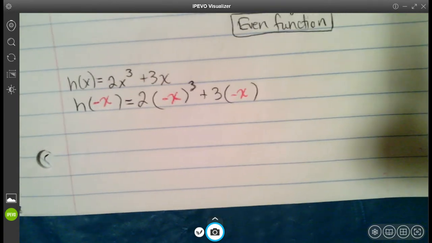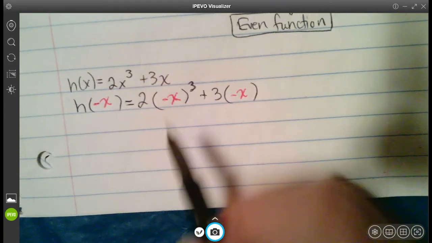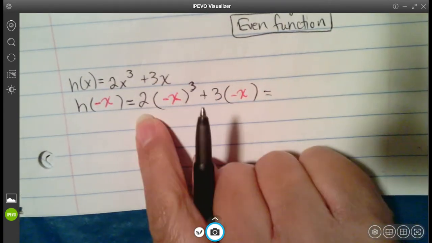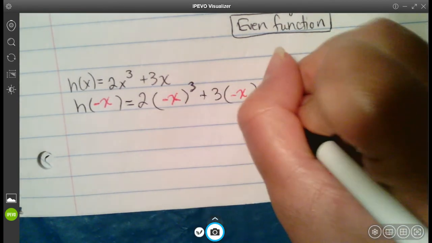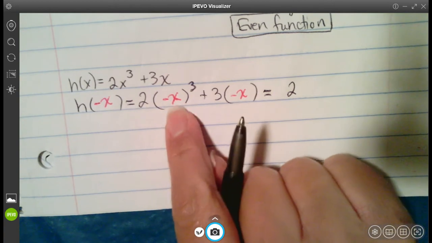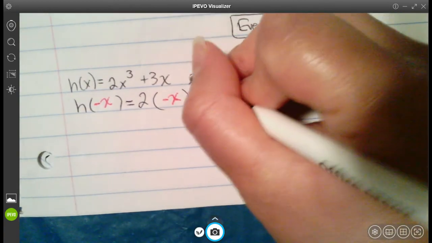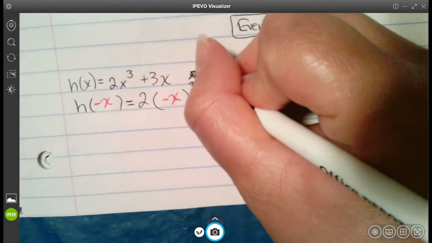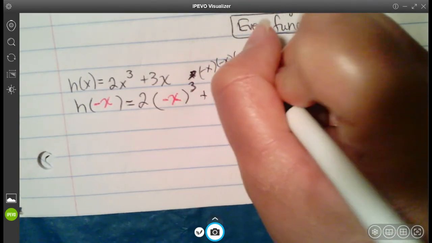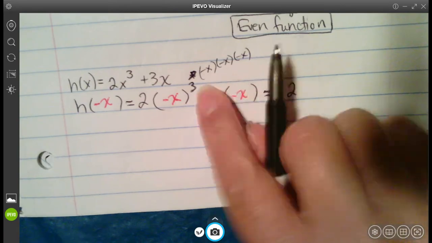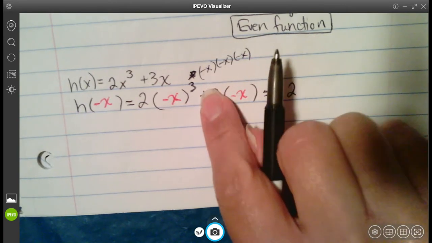Okay? You've got to be careful on this one because, again, I'm going to move that 2, I'm just going to leave it here in the front. So there's my 2. Okay? Negative x cubed is the same. So this part right here, if you want to put a side note, okay, is negative x times negative x times negative x. So you can see that there's 3 of them, so it's going to stay negative.